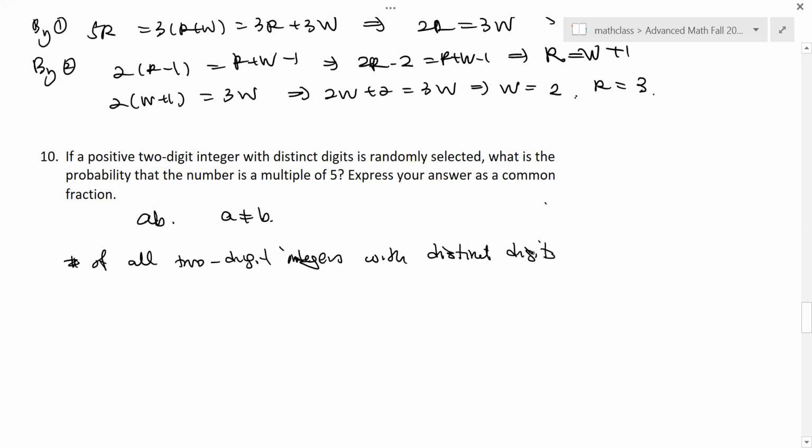This is the number of all possible outcomes. You only consider those integers. Then how do you get that? First of all, just write down the 2-digit integer. For the tens digit, you have 9 choices.